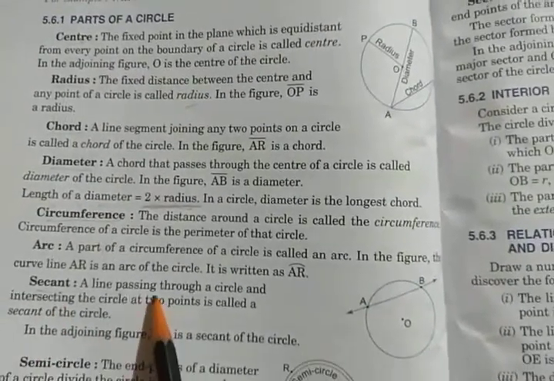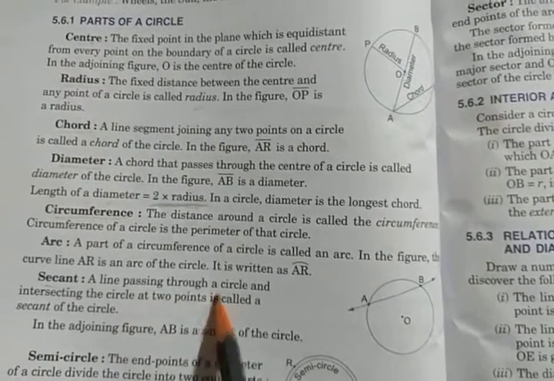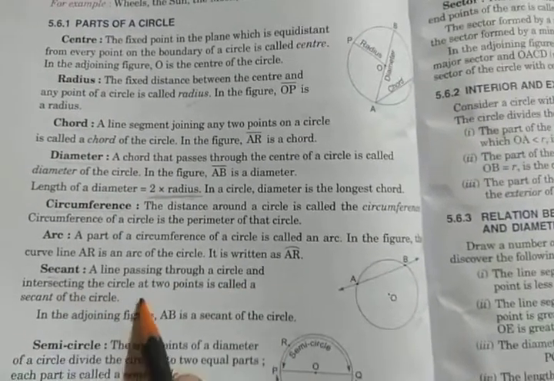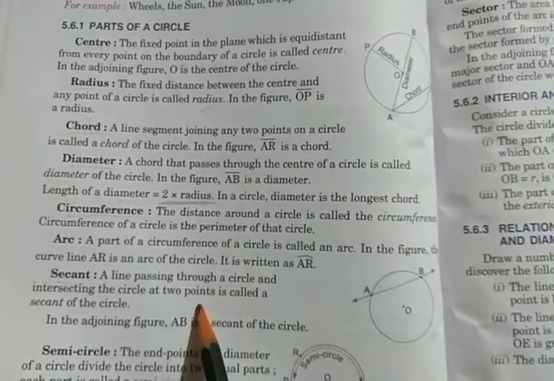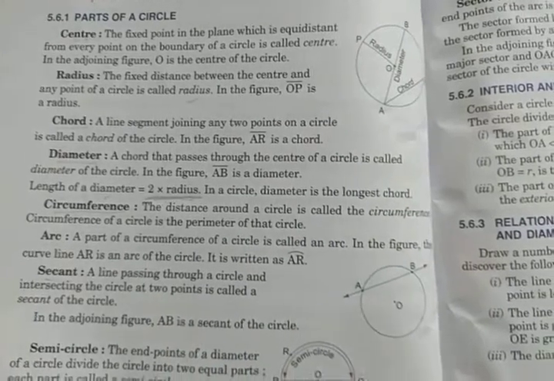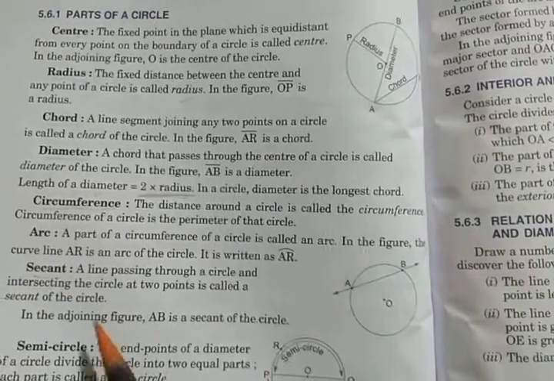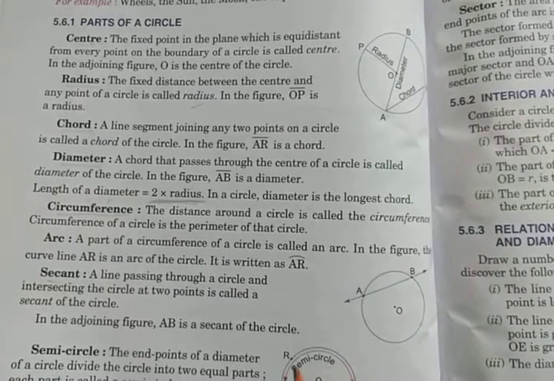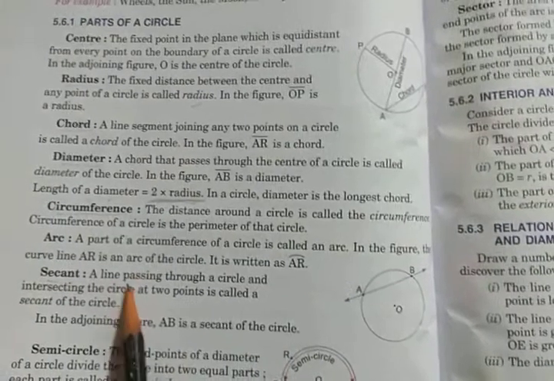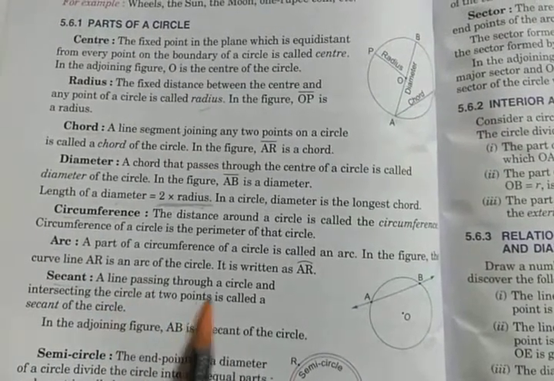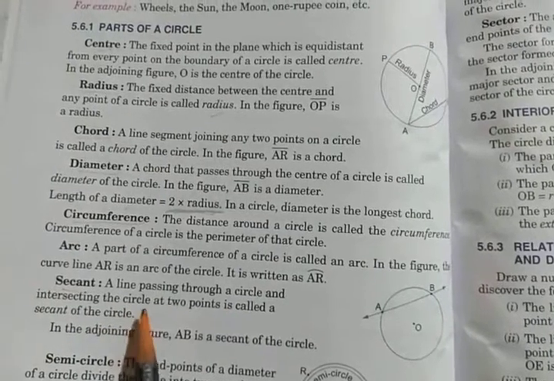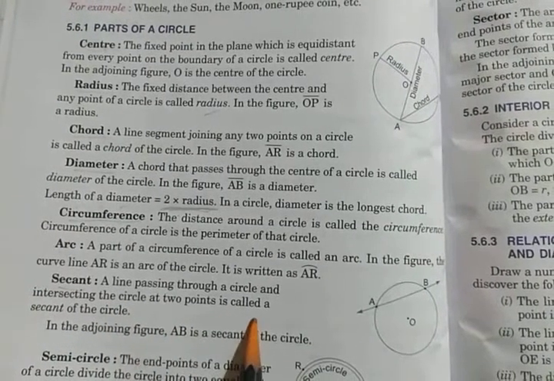Secant, a line passing through a circle and intersecting the circle at 2 points. Here you can see the given picture. A line passing through a circle and intersecting the circle at 2 points is called a secant.